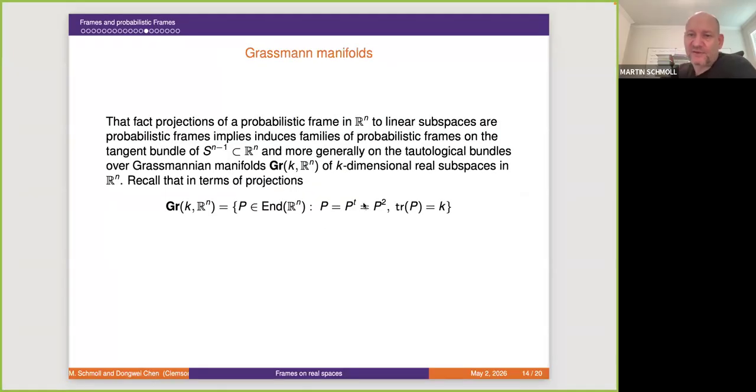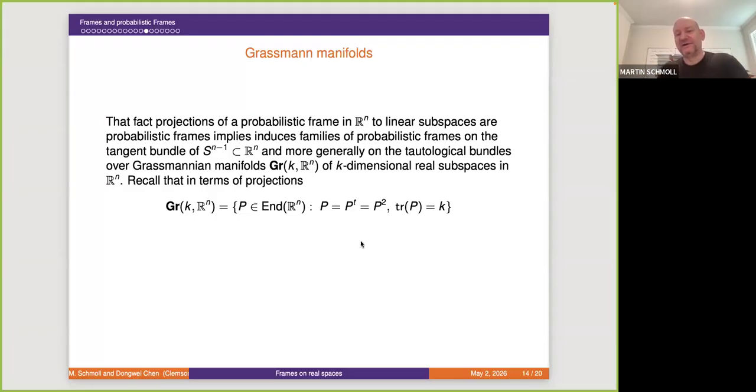The other thing is as follows. If you remember the proposition with the 5 points I showed you, basically if you take a projection of a frame, you get again a frame. And that means you can equip these Grassmannian manifolds, if you take a probabilistic frame in Rn, and then you consider subspaces of Rn, like the ones defined by the points in a Grassmannian manifold, namely all of them.